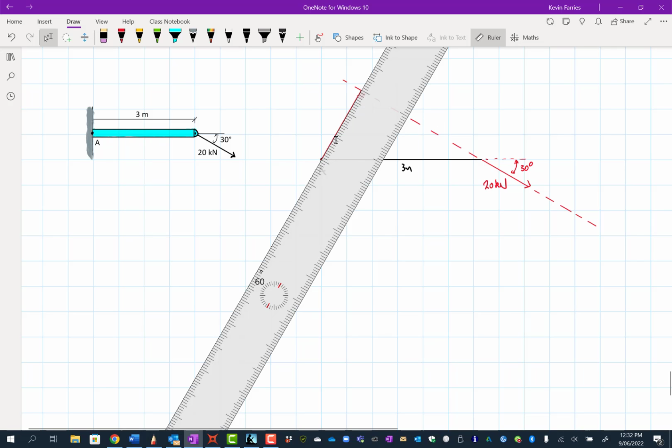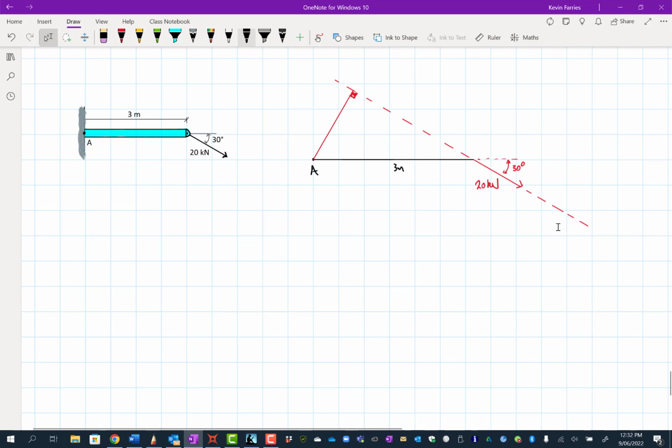So we had 10 divisions was half a meter, 1 meter, 1.5 meters. So the first way of looking at this problem is from scale drawing. From scale drawing, D is equal to 1.5 meters.